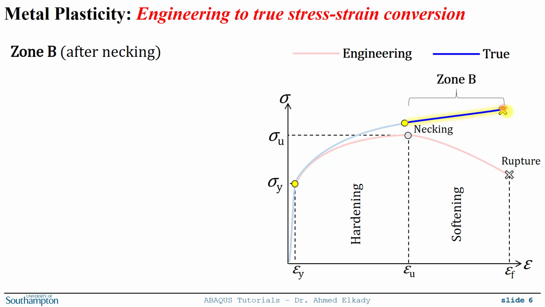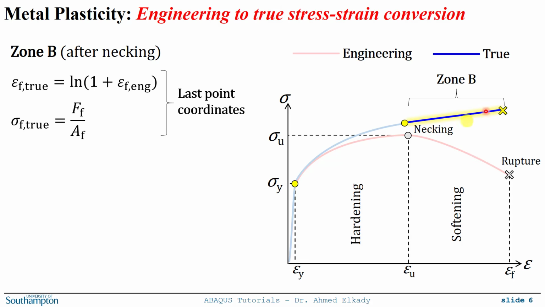So how can I get the coordinates of this point with respect to the true stress and the true strain? Well, for the strain, you can still use the same equation that we used before, the logarithm of 1 plus the engineering value of epsilon at failure. This is pretty much the same conversion that we used in zone A for the strain.